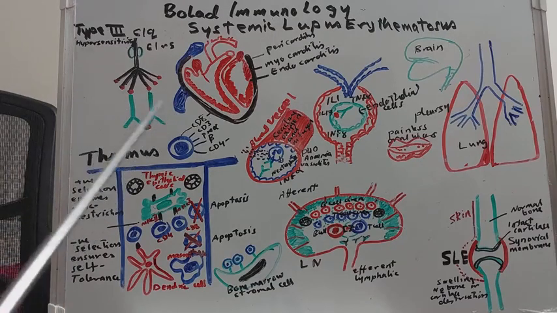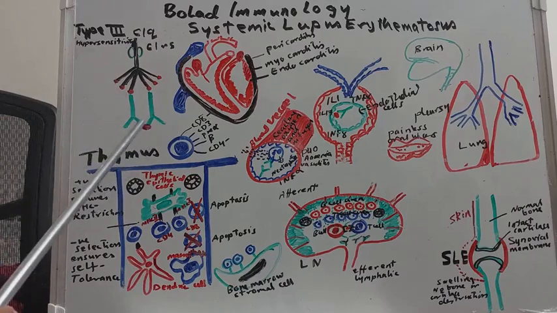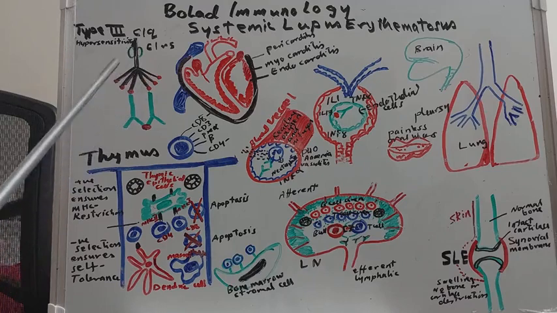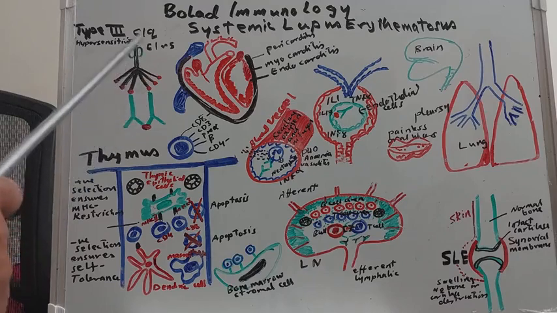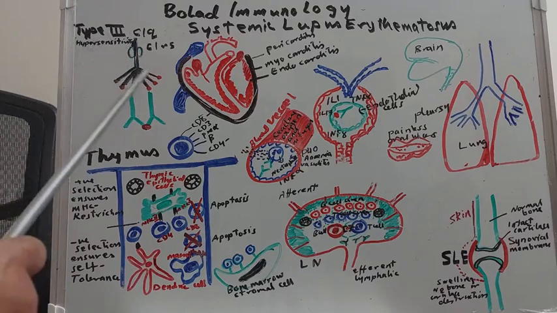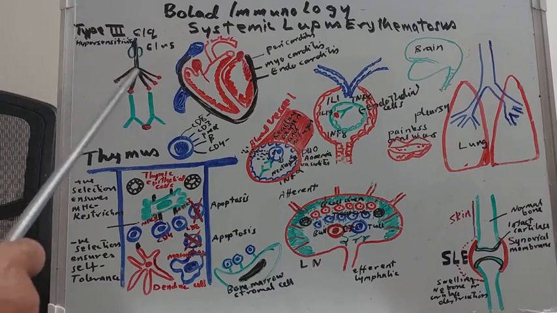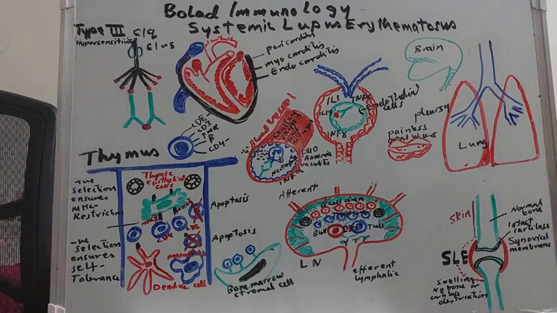Formation of the immune complex activates the classical pathway of the complement, and this activation starts by activating complement component number 1. As can be seen here, this is C1q of the complement component number 1.